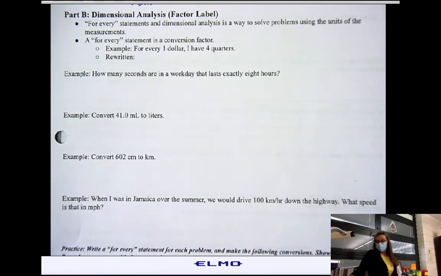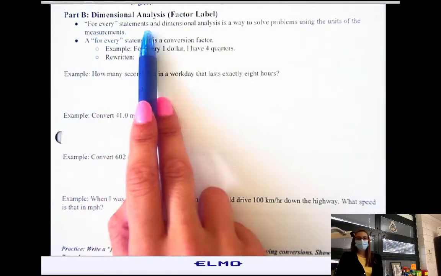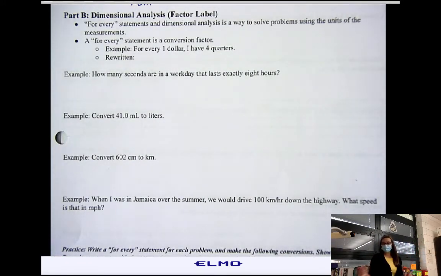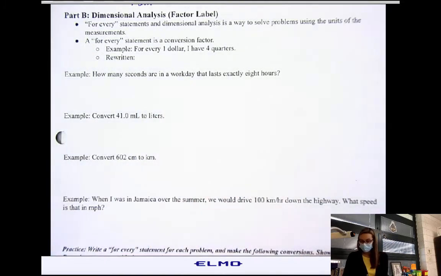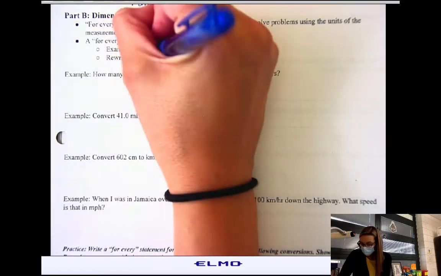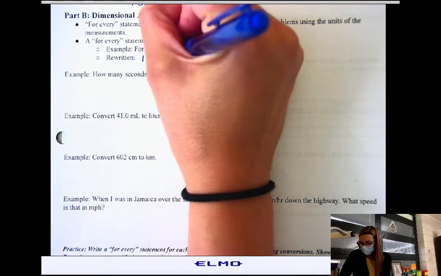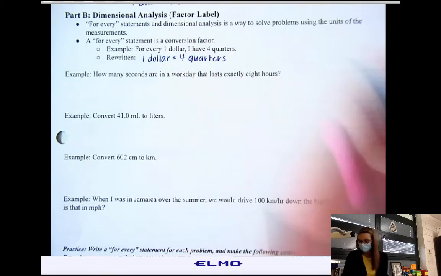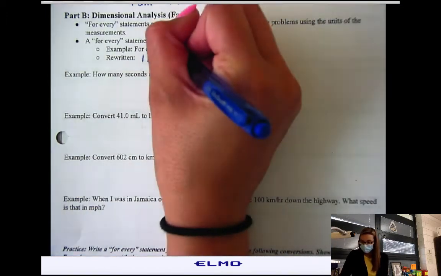So up here, we're going to use what we call for every statements. I just said for every $1, there are 4 quarters. That's this for every statement that we can write like this. $1 equals 4 quarters. This is called a conversion factor.